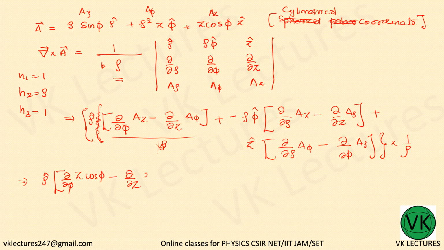Rho square z, minus rho into phi cap into dou by dou rho of A z, A z is z cos phi, minus dou by dou z of A rho, A rho is rho sin phi.